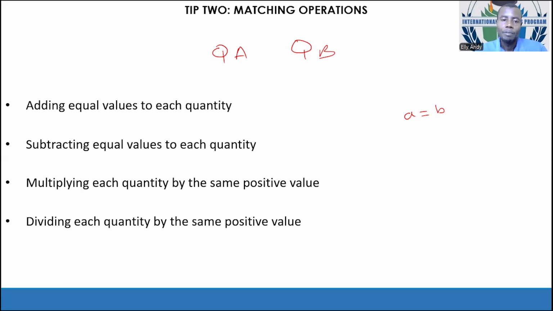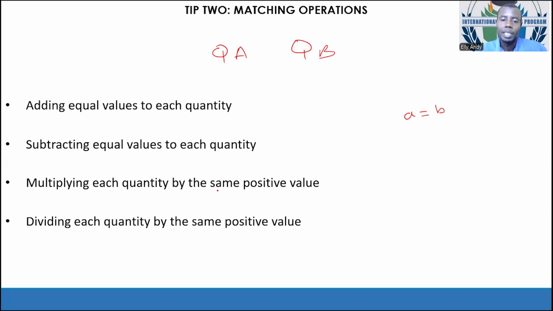So the first thing you can do is you can add equal values to each quantity. For example, you can add 5 to quantity A and add 5 to quantity B. Subtraction will also work. You can subtract a figure from quantity A and the same figure from quantity B.